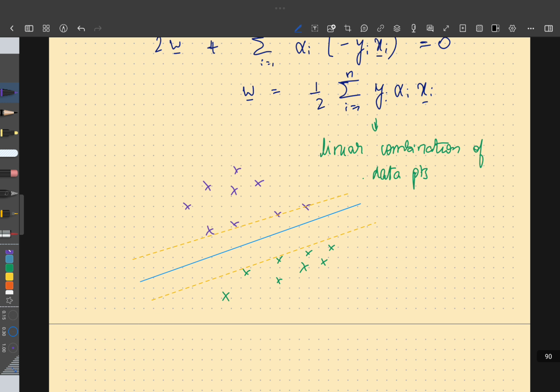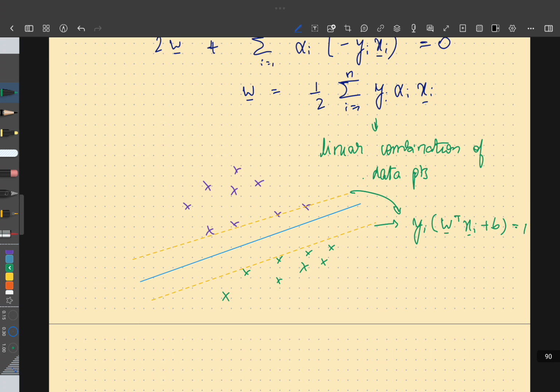Then the set of all points that satisfy yi times w transpose xi plus b equal to 1, what points would those correspond to? So it would basically be those points that lie along these two lines. Okay.